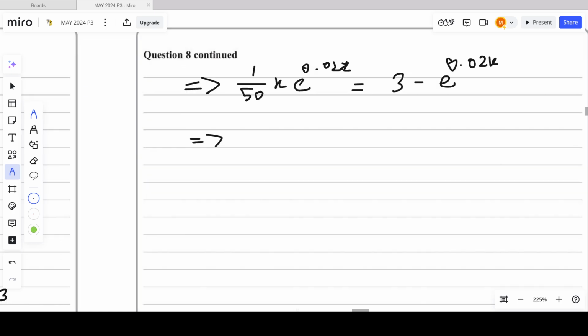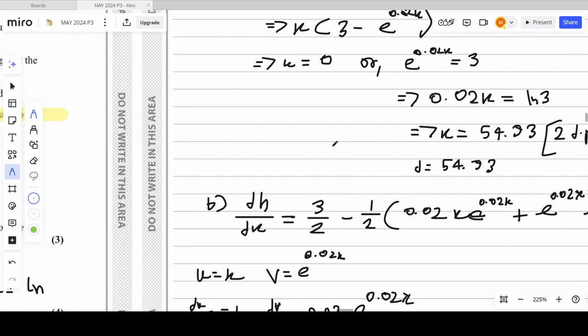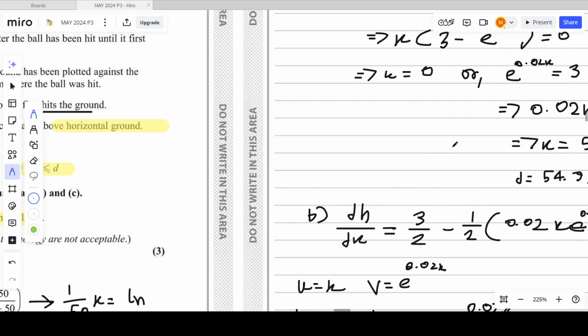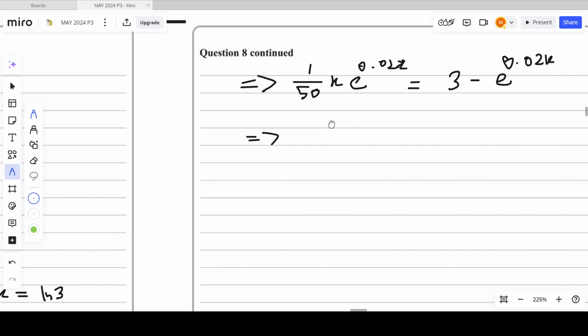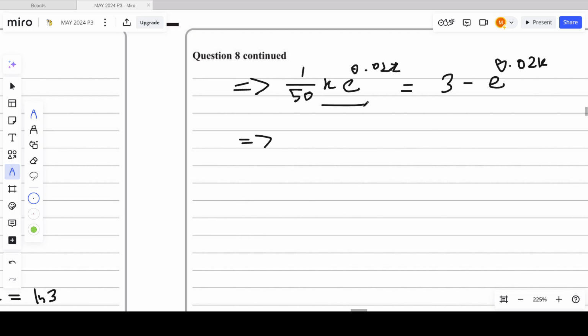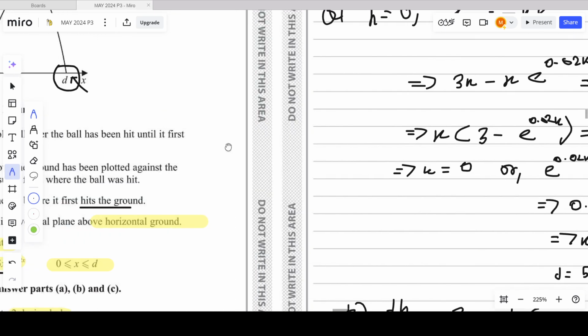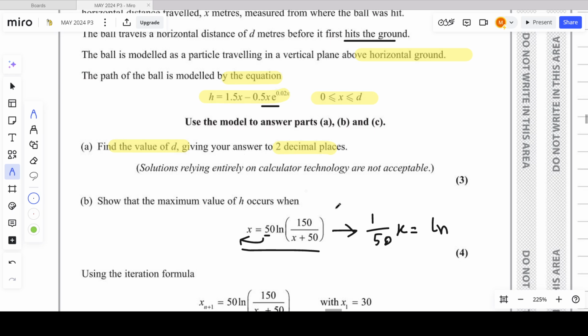So we need to have 1 over 50x on the left side, right? But here it is 1 over 50 x e to the power 0.02x. That means it's not fine there. What we can do? We need to have just 1 over 50 times x.